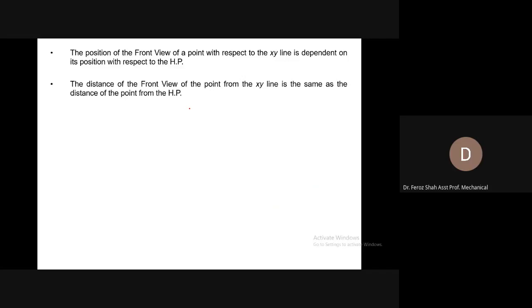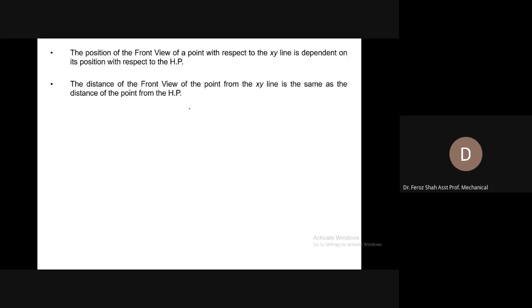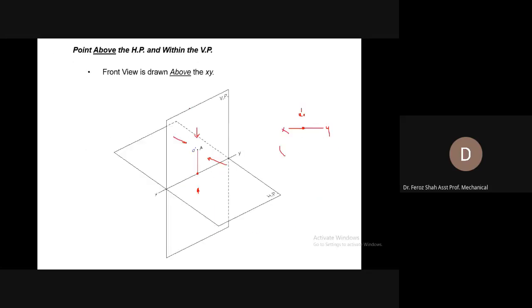And if the point is 10 millimeter below the horizontal plane, its front view will also be 10 millimeter below the XY reference line. If the point is within the horizontal plane, the front view will also be within the XY reference line.